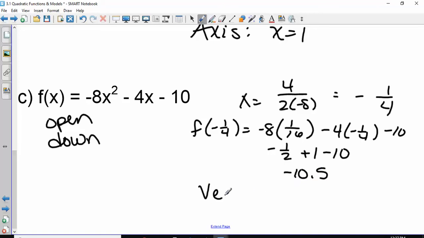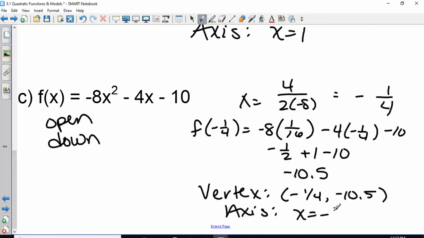So your vertex is negative 1/4 or negative 0.25, comma, negative 10.5. Axis of symmetry, x equals negative 1/4. Okay, questions?